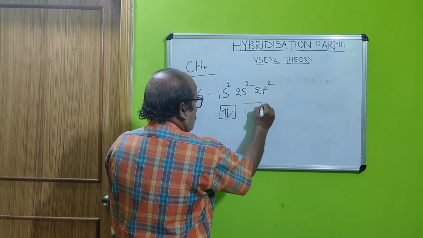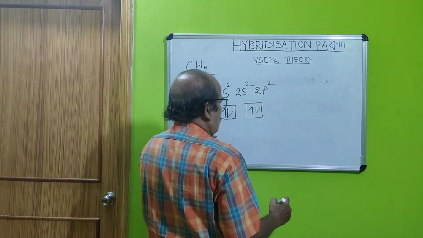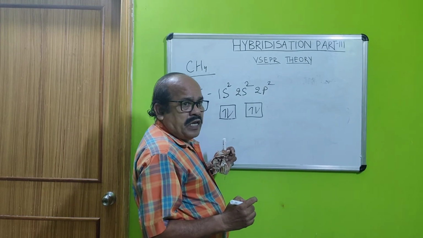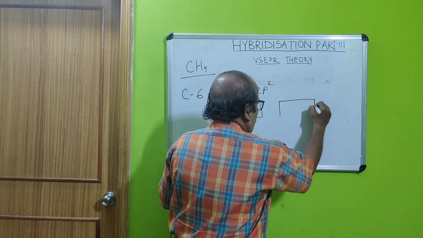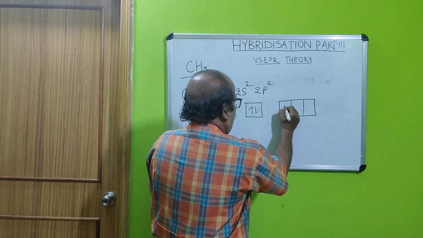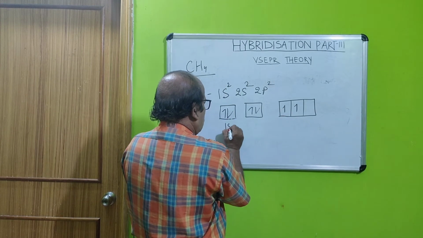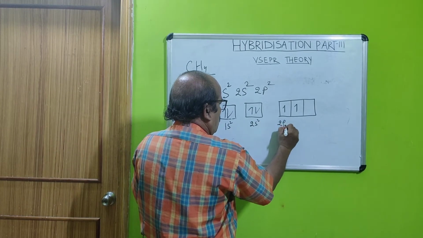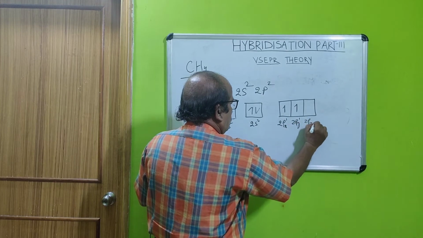1s2, 2s2, because s orbital is non-degenerate and p orbital is threefold degenerate. This is 1s2, 2s2, 2px1, 2py1 and 2pz0.